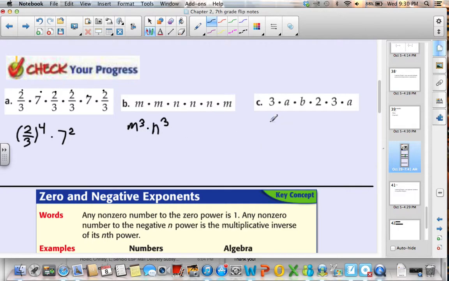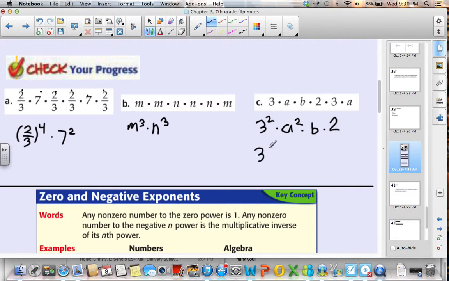Okay, so we have a lot going on here. We have 3 squared times a squared times b times 2. Okay? And we could either leave it like this, because we have an order of exponents, or what we can do is we can group together our numbers.